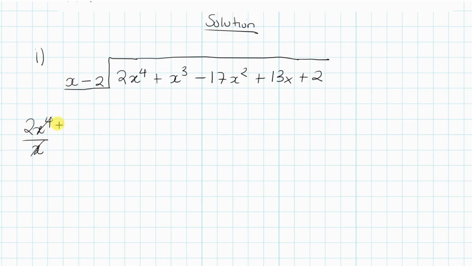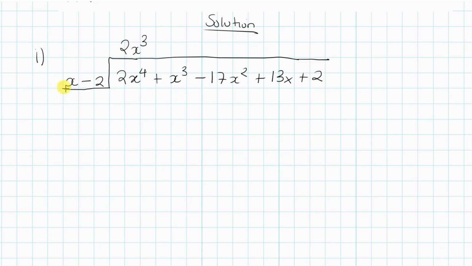So x into that is going to be x cubed. So the result is going to be 2x to the power 3. So that is what you're going to insert here. And then you're going to multiply, just like we perform the normal division of numbers, is what you're going to do here as well with polynomials.